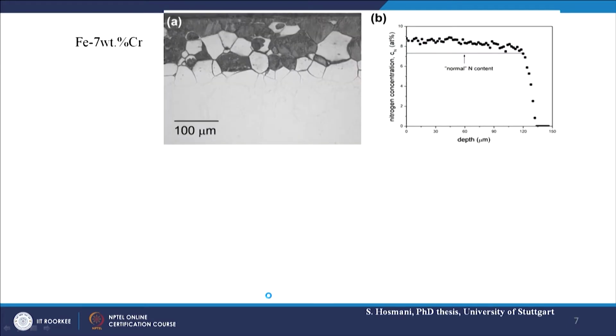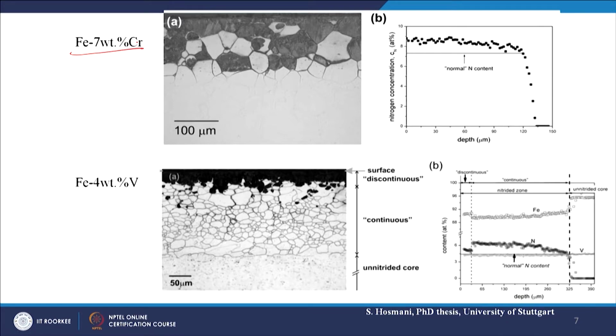There is one difference between iron chromium and iron vanadium. In both cases, depending on the amount of chromium or vanadium, you have discontinuously coarsened regions, these dark appearing regions. But in the case of iron chromium, the nitrogen content is the same in the DC and Cp regions, okay.